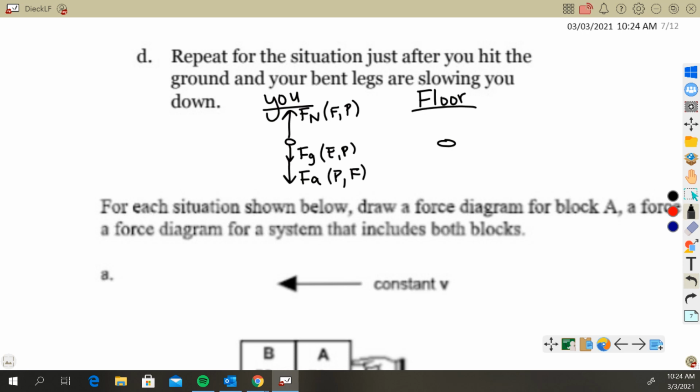So upward. The floor is going to have a force of gravity dealt by the earth. It's also going to have an applied force upward and a normal force upward. The applied force is dealt by the floor, upward, felt by the person. Our pairs are going to be this upward applied force and this downward applied force. That is our Newton's third law pair.